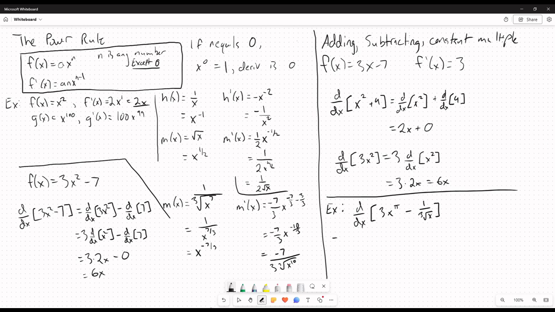Well, first, we're going to go ahead and split it up term by term. The first one is 3x to the pi. And then the second one is 1 over cube root of x.